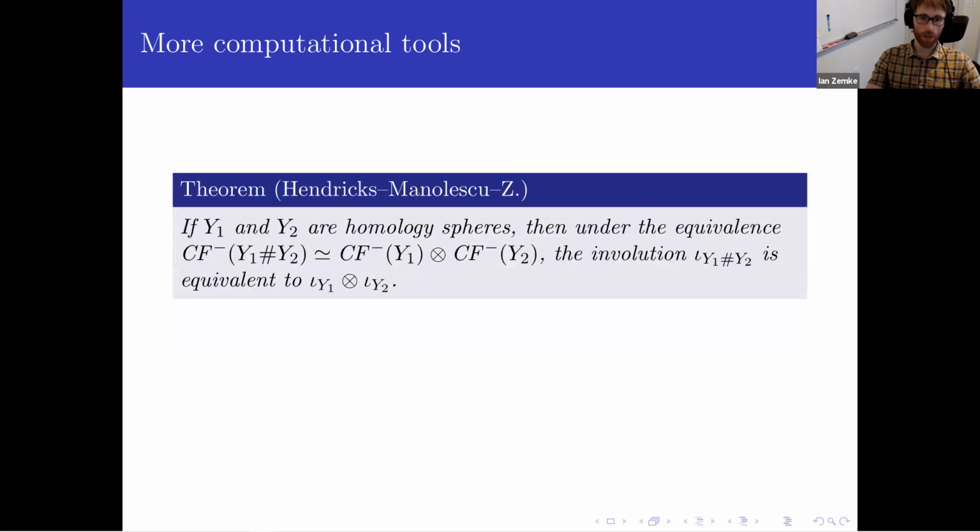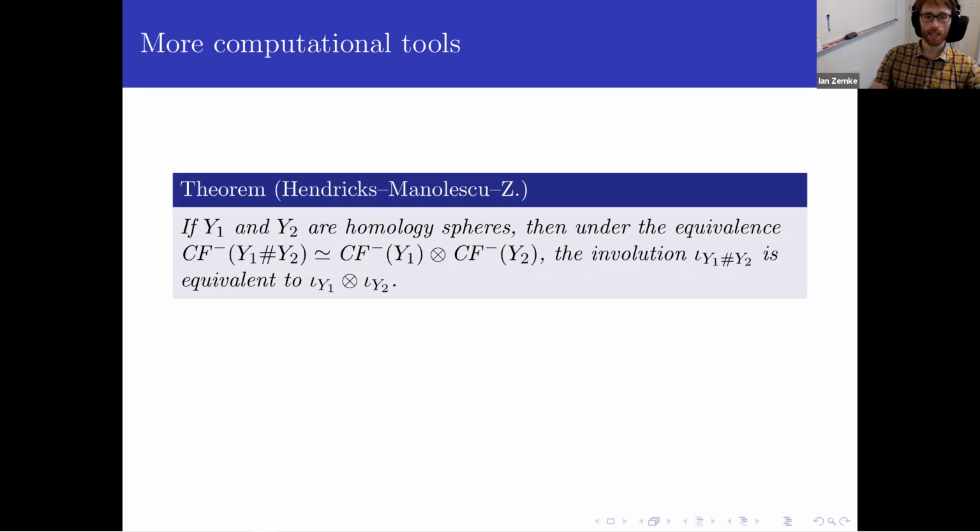And then there are some more computational tools that I'll summarize. Hendricks, Manolescu, and myself proved a connected sum formula, so that helps you get more examples. If you know the involutive Heegaard Floer homology of Y1 and Y2, we gave a simple formula for what it is on the connected sum. The ordinary Heegaard Floer homology of the connected sum is just the tensor product, and actually the involution is also just the tensor product of the 2 involutions.